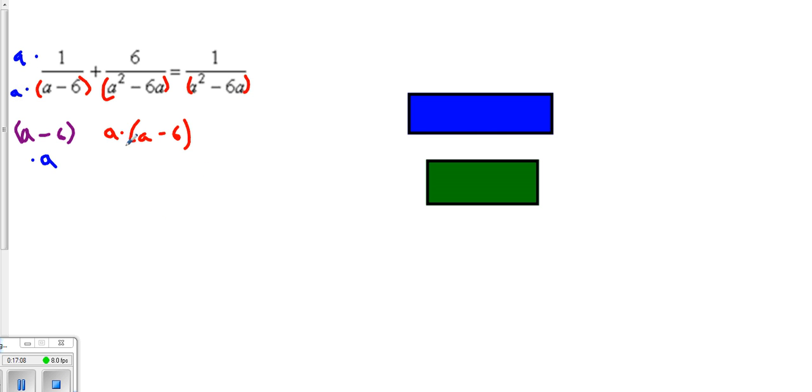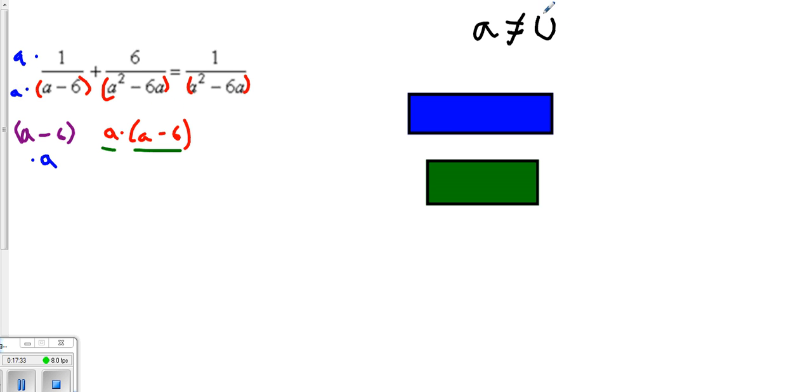and now we double check and make sure we don't have any excluded values. Here we've got two factors, a and a minus 6. Now what would make that denominator 0 then? Well, if we had this factor equal to 0, that means a cannot be 0. Because if a were 0, we'd have 0 times negative 6, which would be 0. And we can't have a 0 in our denominator.